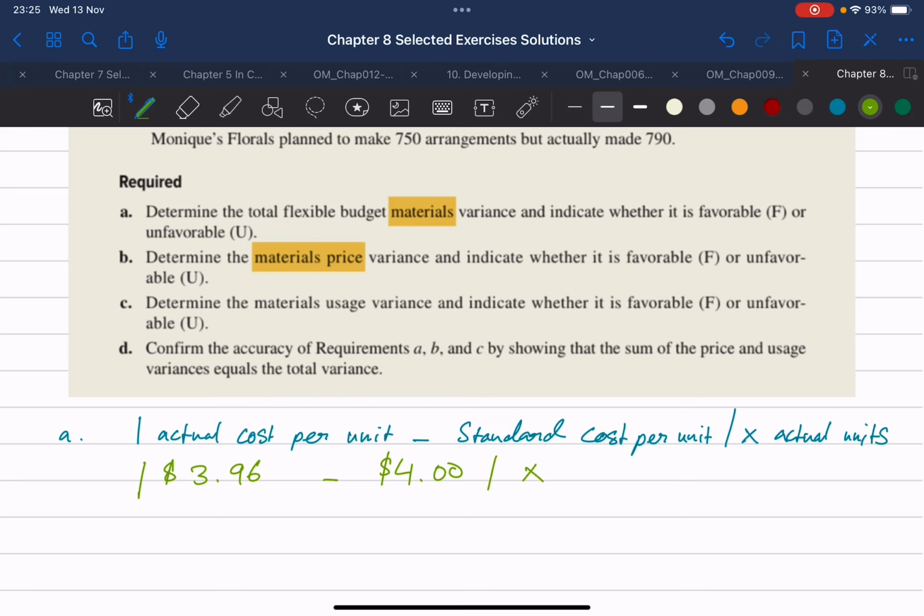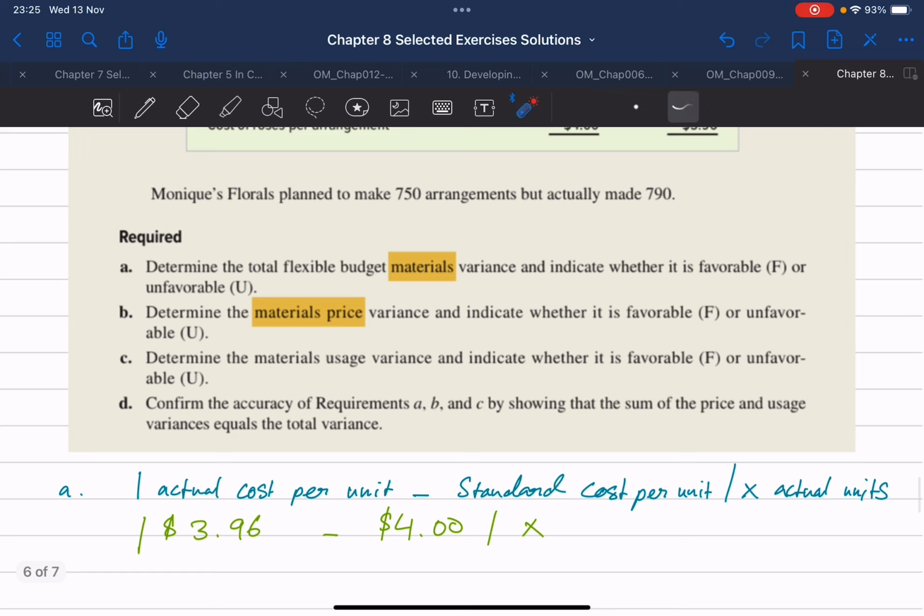Okay, multiplied by the actual units, and the actual units was given to us right here, 790 floral arrangements.